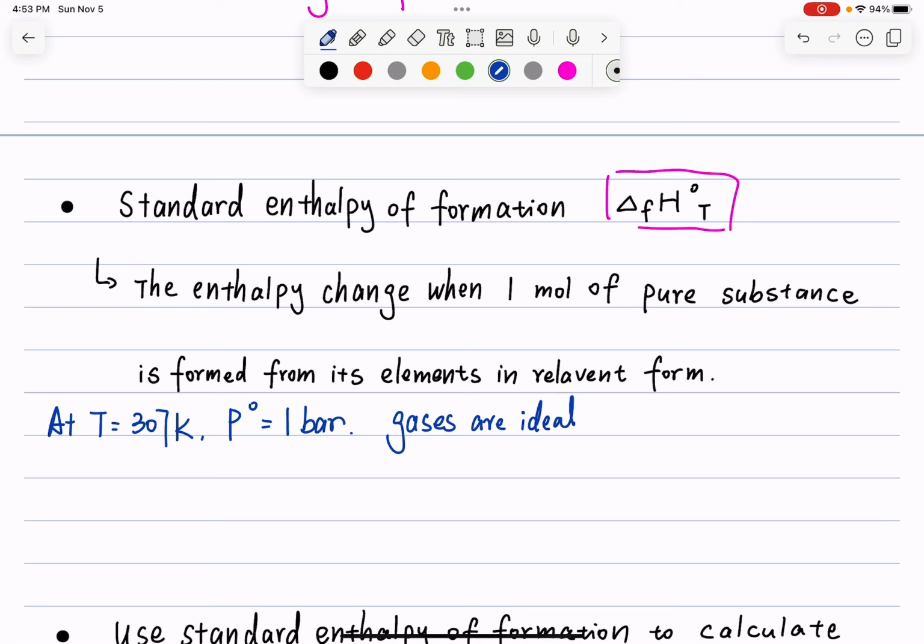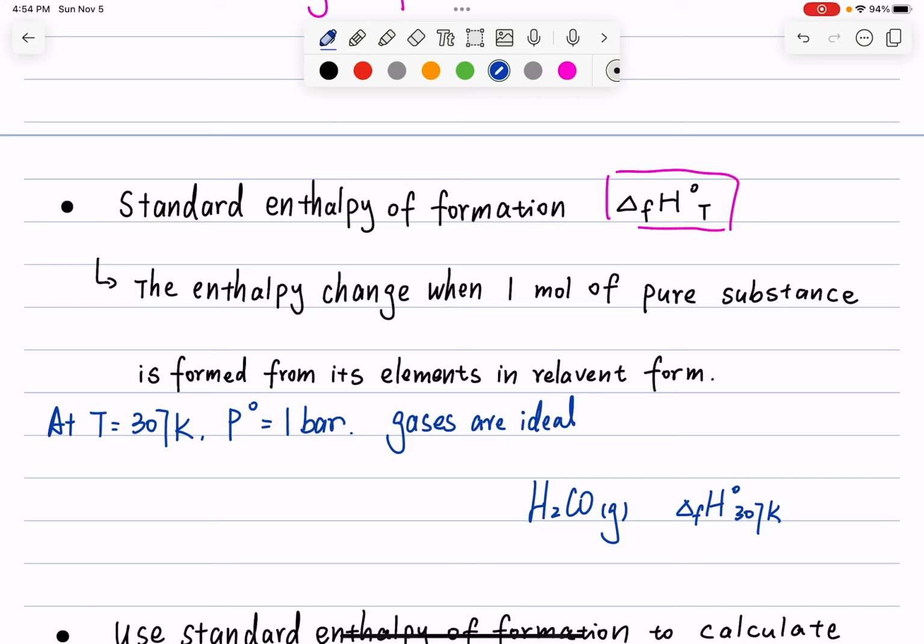So if we're talking about, for example, the formation of formaldehyde, H2CO, which is a gas, we want to find the delta formation of formaldehyde at 307 K.